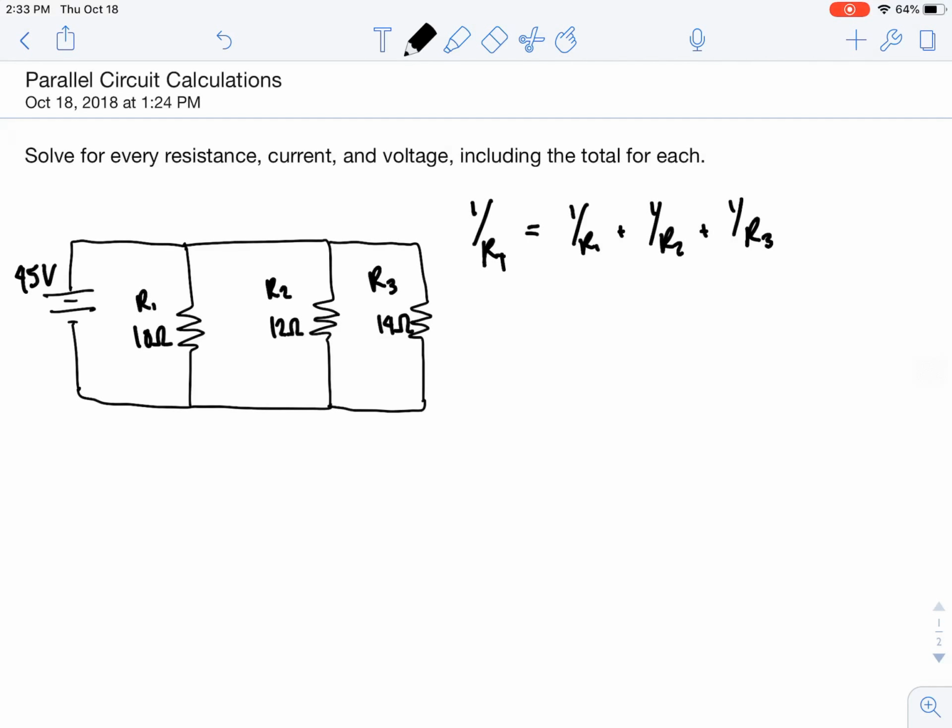To go a little bit further, the current for each one is equal to the sum of all the currents. So for each one of these paths, just think of it like this. The current is your attention span. As your attention span goes to one task, you have the full attention span.